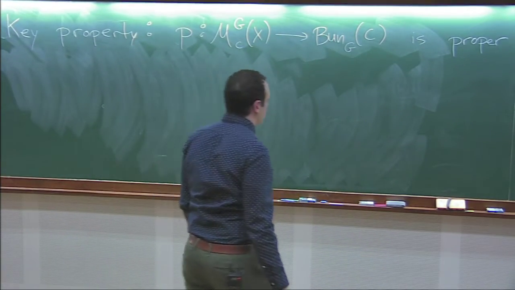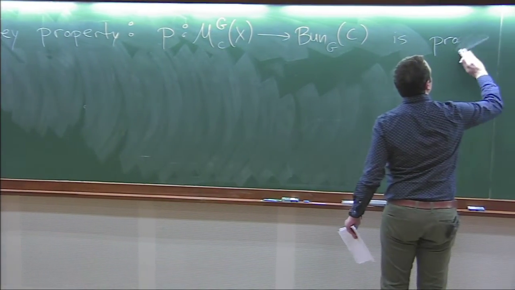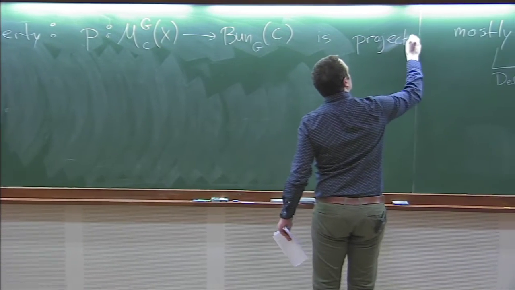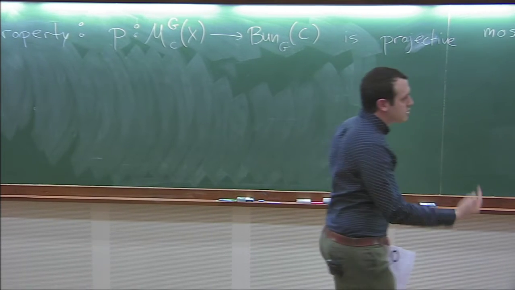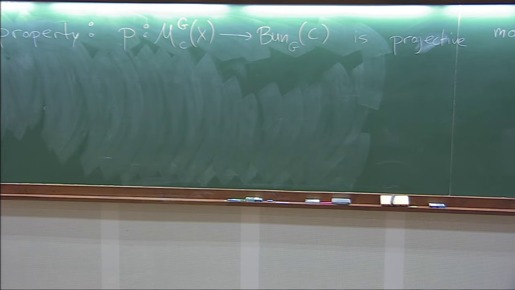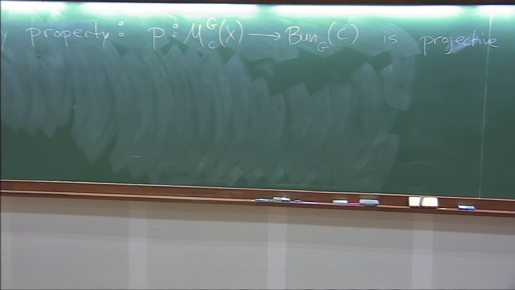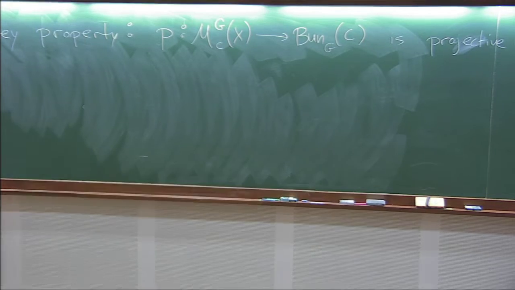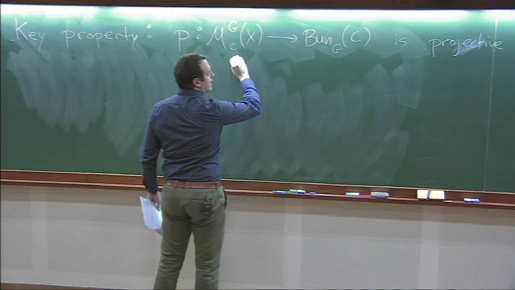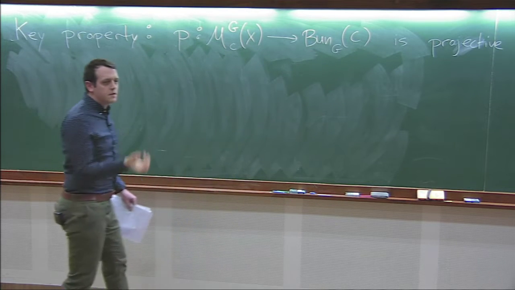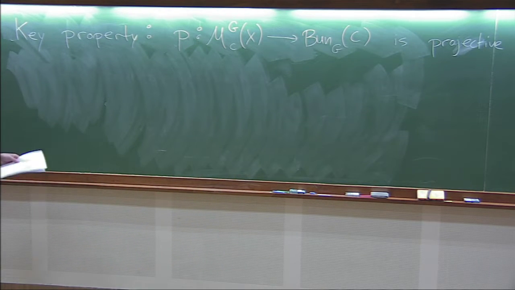Or it's actually projective. The fibers are projective Deligne-Mumford stacks. Namely, the fibers are spaces of Kontsevich stable maps. But this is actually the key. So you can think of this construction as a compactification, relative to Bun G, of the stack parameterizing G bundles with a section of the associated bundle.